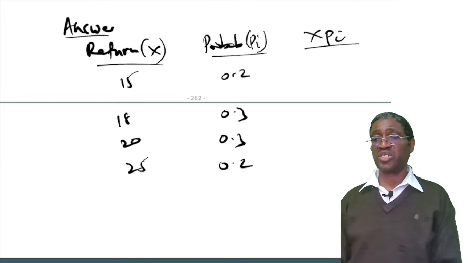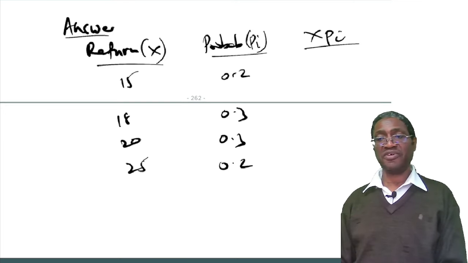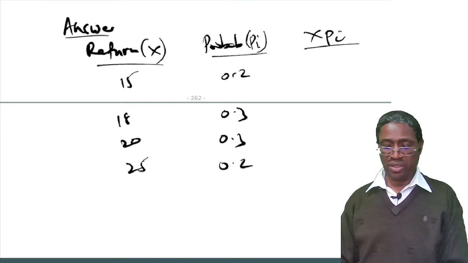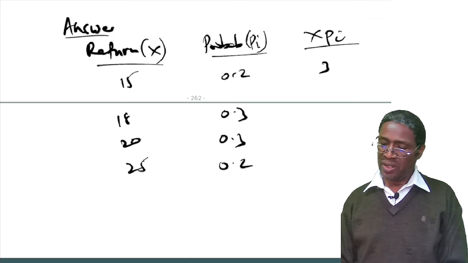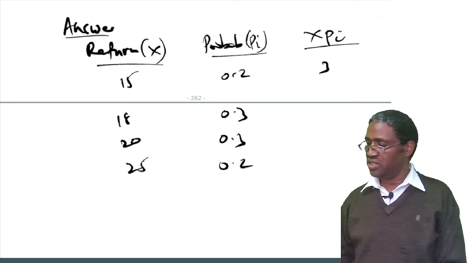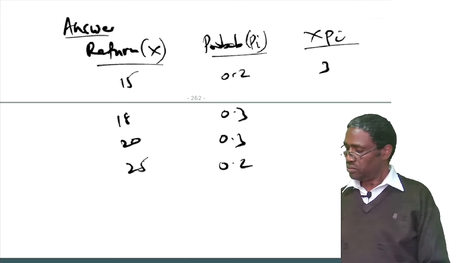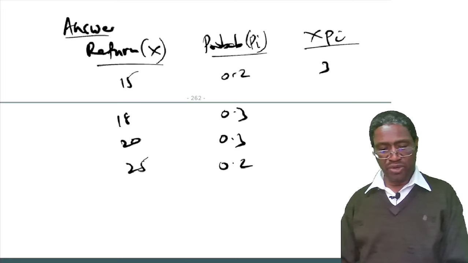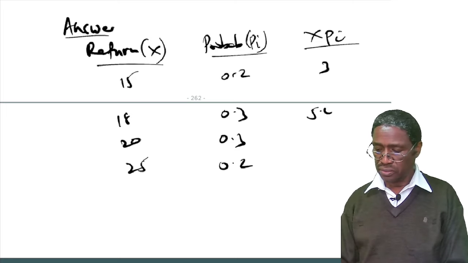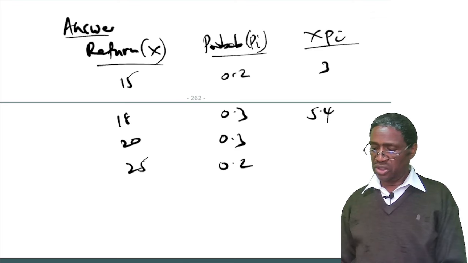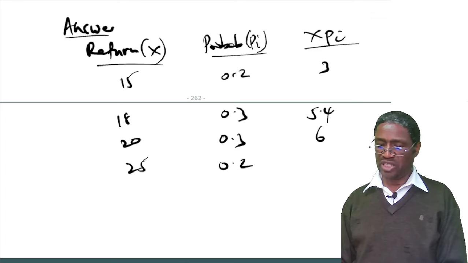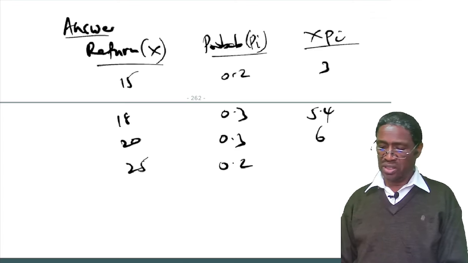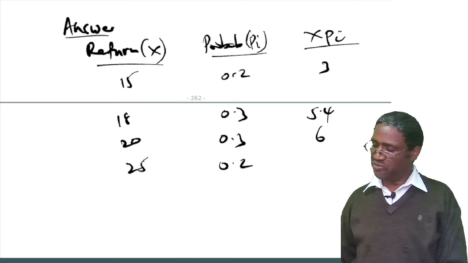What is 20% of 15? That's 3. 30% of 18 is 5.4. 30% of 20 is 6. 20% of 25, I think is 5.